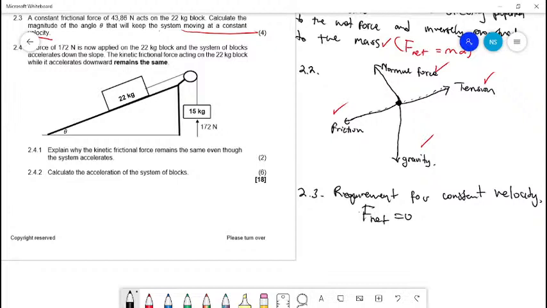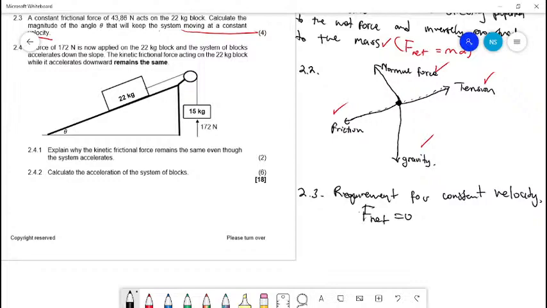So now let's look at the 22 kg block. On the 22 kg block, with the information that we have, we can calculate our tension, right? So the value of tension must be the one that will enable the system to be moving at a constant velocity. So the system is the 22 kg block and the 15 kg block.